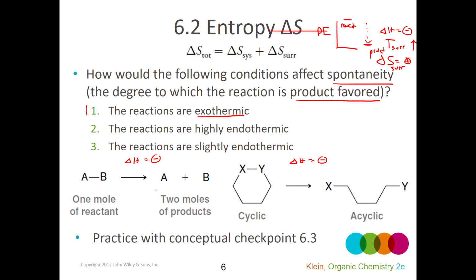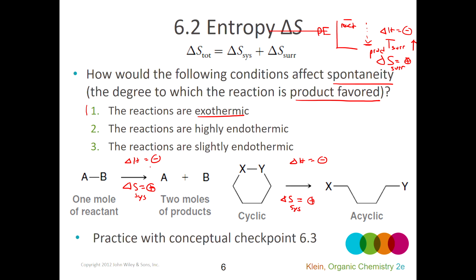And in both of these instances, the entropy for the system is also going up because I'm increasing the number of particles. There's more variety in the ways they can be positioned and moved around. Or the entropy for this reaction is also going up for the system because I'm increasing the variety in the ways the bonds can rotate, if I open up that ring and prevent the ring from constraining rotation.